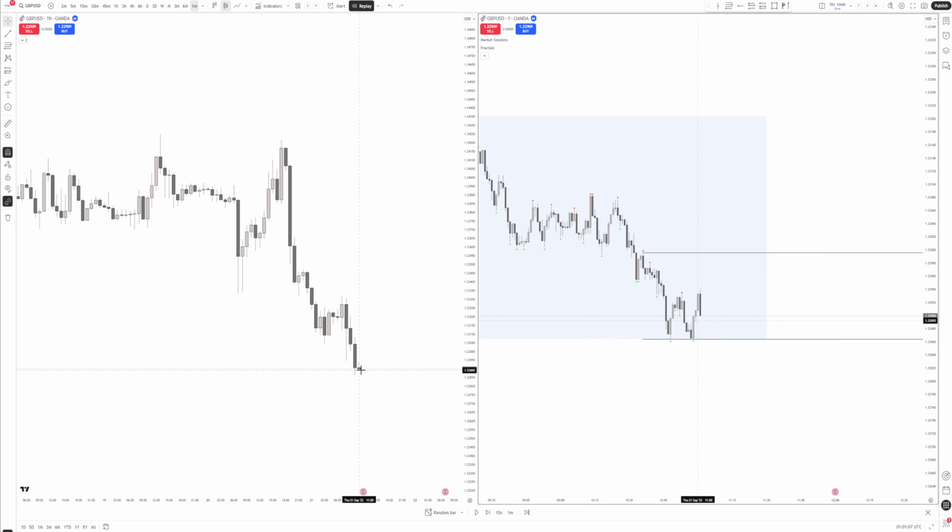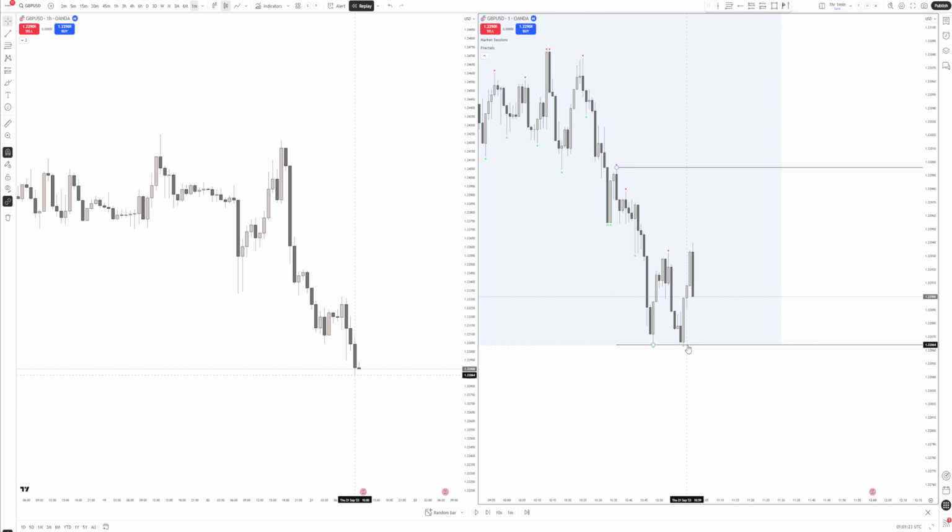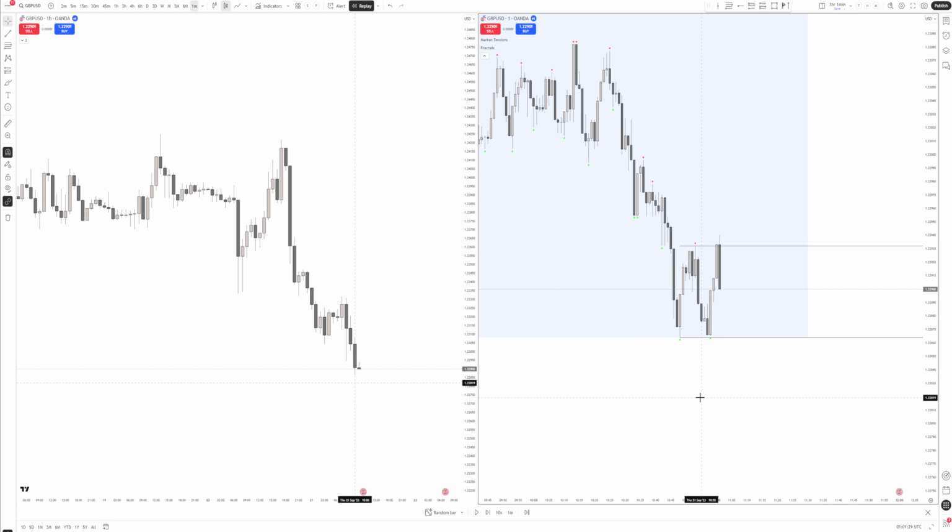So at this point, the candle is starting to print, and what we're looking for now is, let's move. You can see that price hasn't quite broken that, has it? You can see that it hasn't broken it.